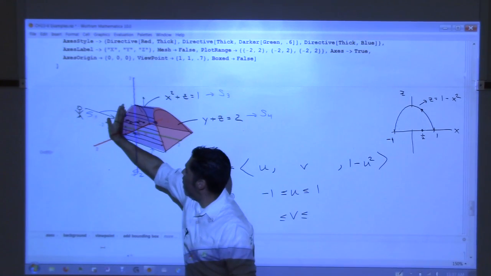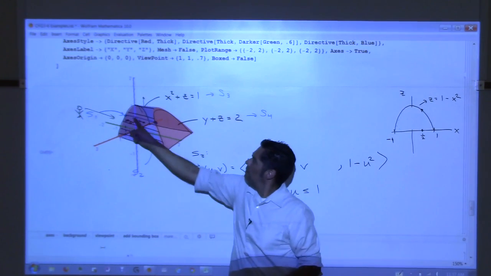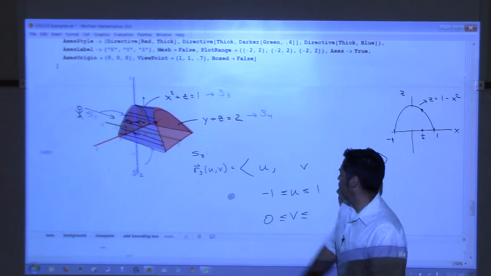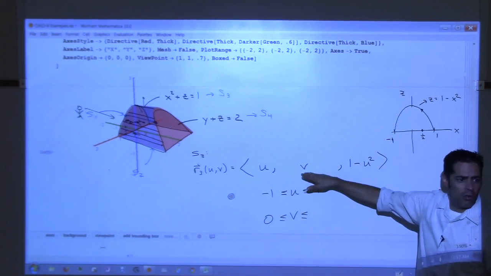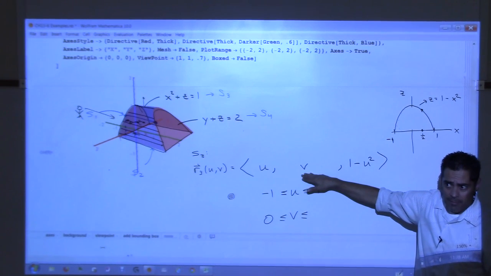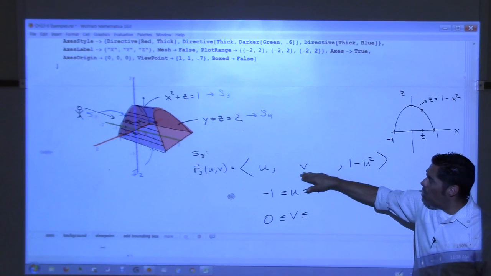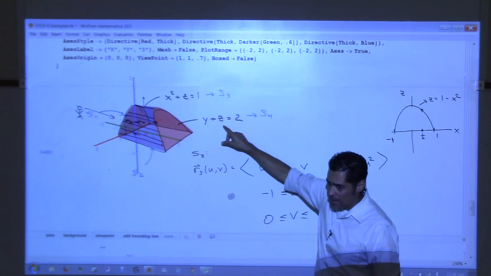Now what's my v stuck between? 0 is, the y value is 0, so 0, and you say all the way out to where? This right here, solved for what variable? What are we trying to control? What component are we trying to control? The y component, right? So we need to solve this equation for y, which would be 2 minus z, right?